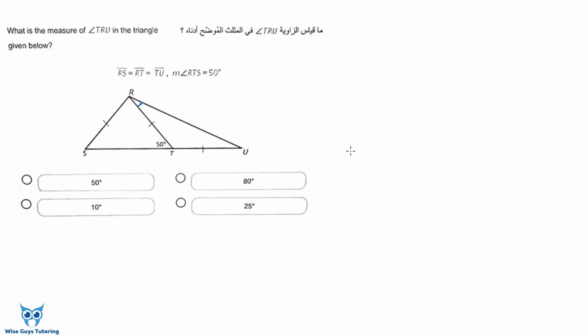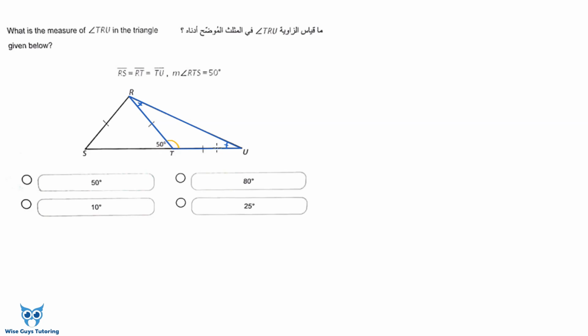So what do I do with this? So if they want this angle up here, and I know that this is an isosceles triangle, I also know that since these two sides are congruent, then the base angles are also congruent. So this angle is equal to this angle, right? I can also figure out this angle because along with 50, they form a linear pair because they add up to 180, right?